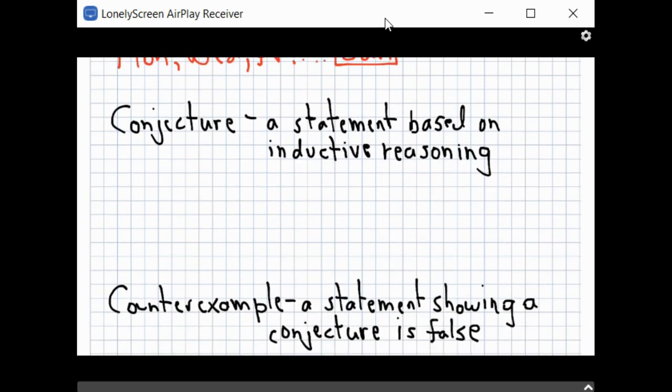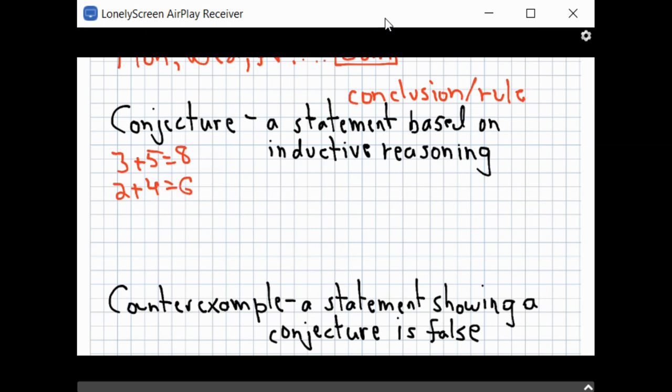What is a conjecture? That is a statement based on inductive reasoning. Another word that I might write up there is a conclusion. So when you look at a certain pattern, can you draw a conclusion? Or maybe another thing you could say is it's like a rule that you can make using inductive reasoning. For example, if I were to have a pattern that looks something like this: 3 plus 5 equals 8, 2 plus 4 equals 6.